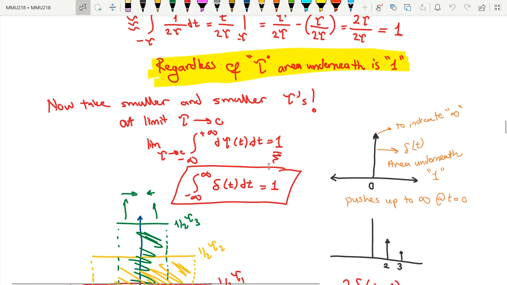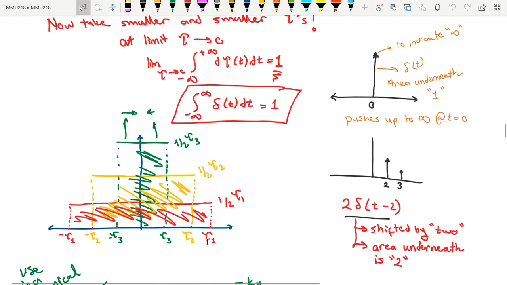Now I have created, look at this, I'm shrinking down the tau from a big tau 1 to tau 2 and tau 3. As I shrink them down, 1 over 2 tau 3, for example, rises up, because I need to make it still reach 1.